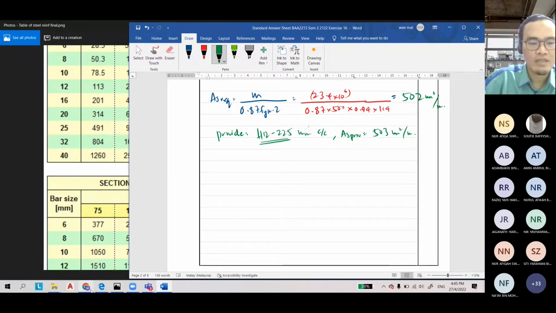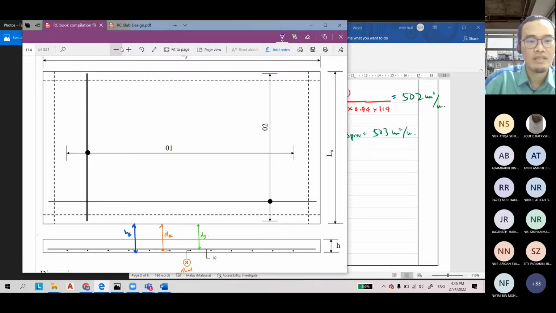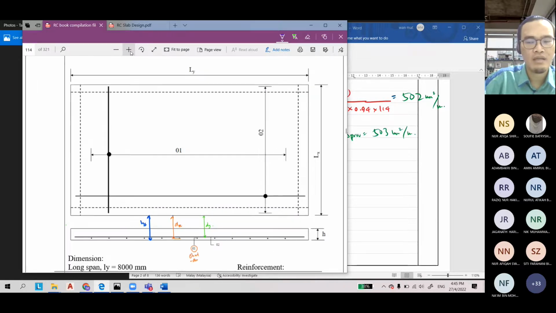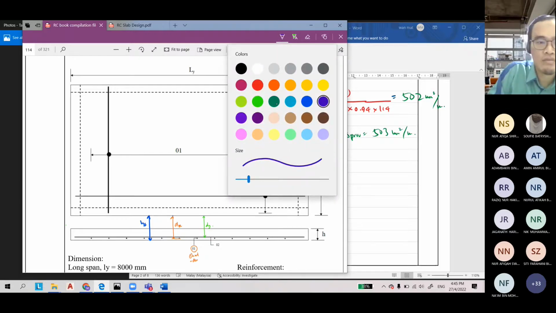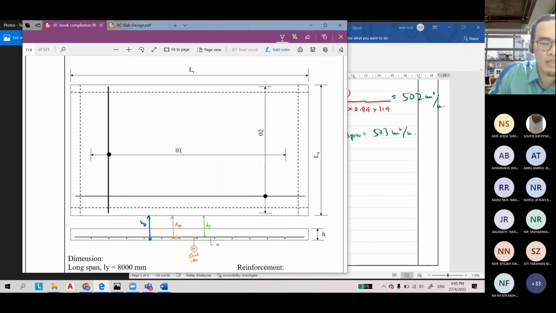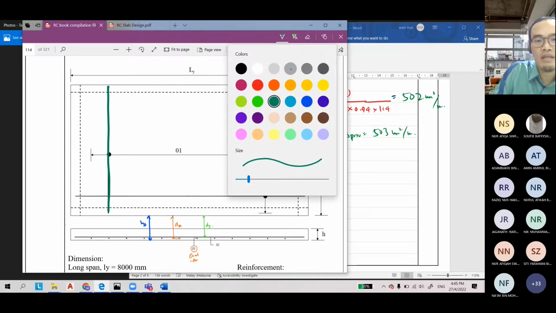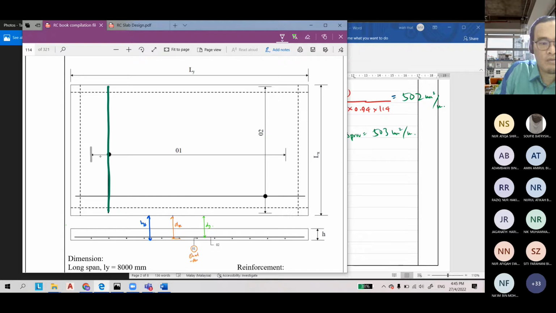H12 225. So let's take a look at the dimension. So this is the detailing. Green color here. This is how to do the detailing. For the shortest span, they will put the bars in this direction, and then you mark with your arrow here. Along this arrow line is reinforcement number 01.